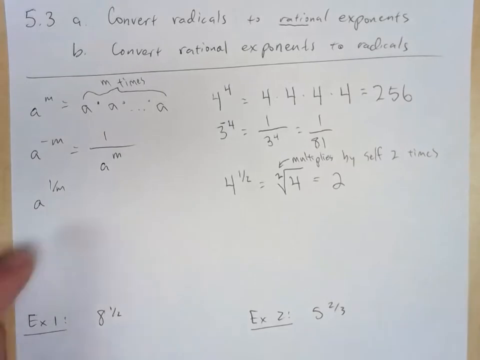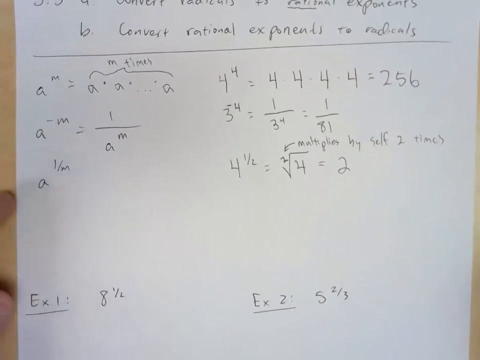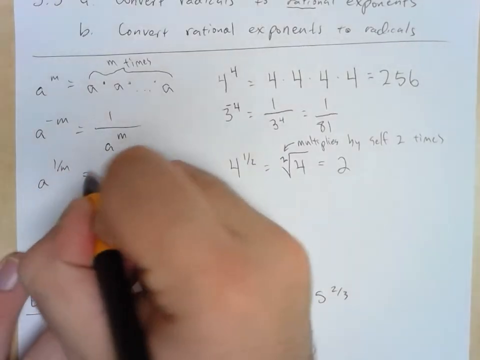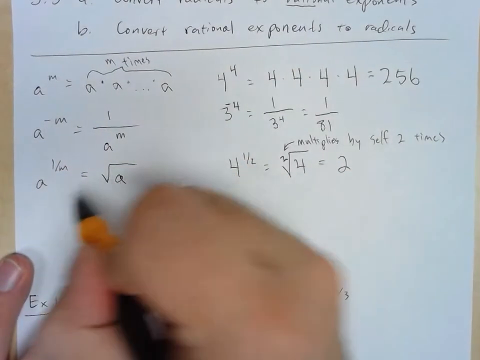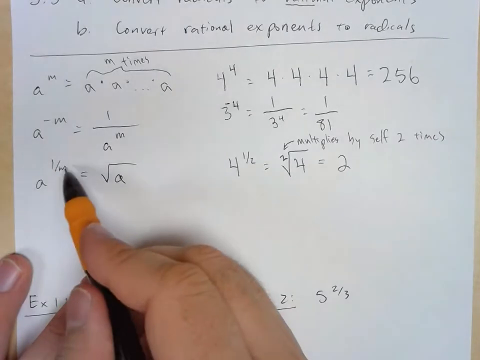So if I'm looking for a generic rule for all of them, if we have a rational exponent, which is a ratio in the exponent, that says that we can rewrite this as the radical of the root, which is a, to whatever this power is.